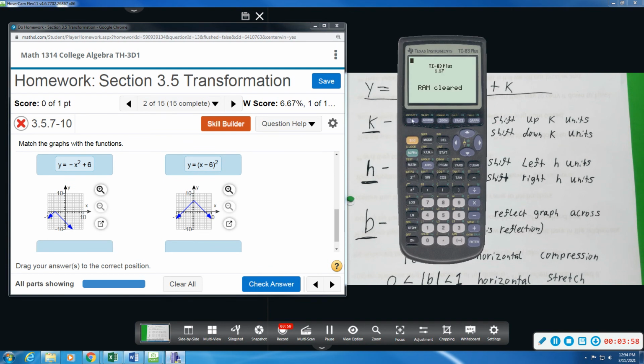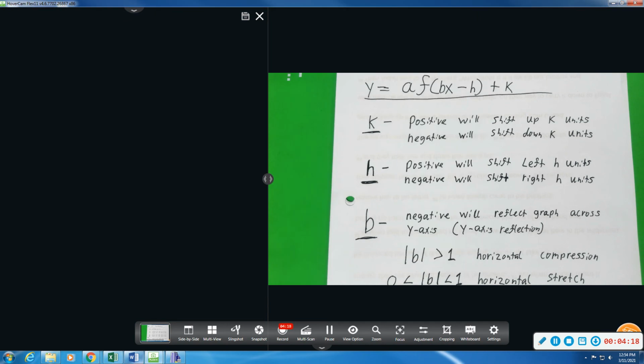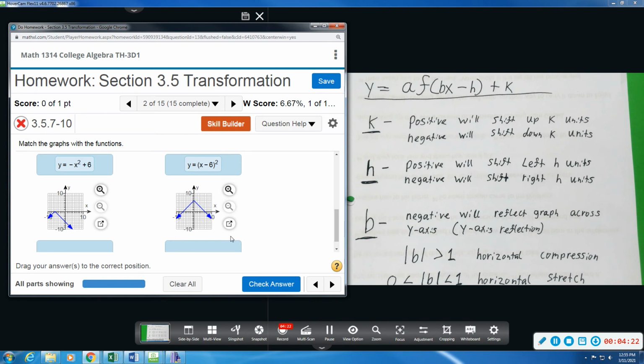If I go to y equals here, I can just type this expression in, that would be parentheses x - 6 close and squared. And if you graph that, you'll see the same thing. So you can graph it as well. We have a graphing calculator, and verify just to check.